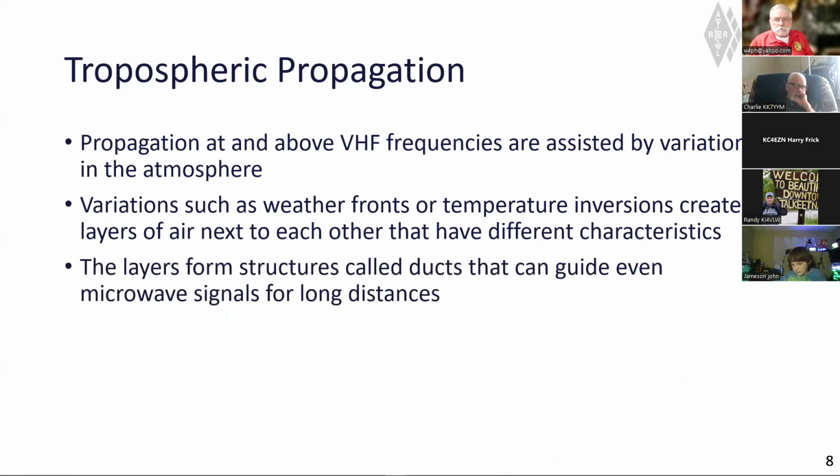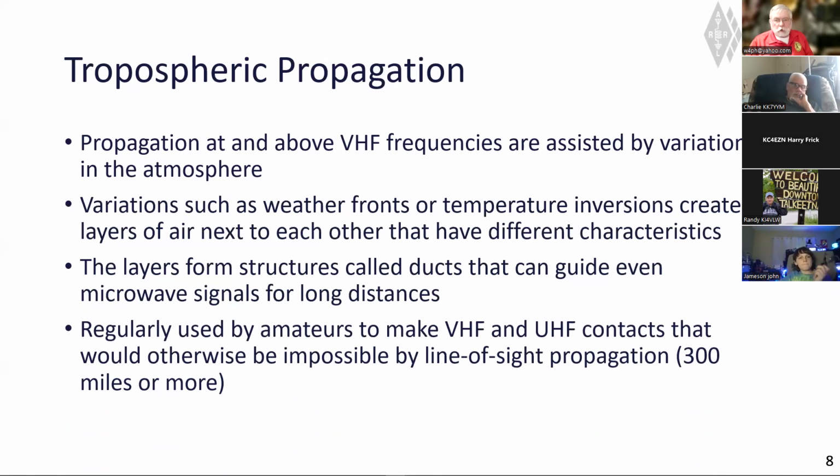The layers form structures called ducts that can guide even microwave signals for long distances. This happens quite often over the ocean. It is regularly used by amateurs to make VHF and UHF contacts that would otherwise be impossible by line of sight propagation, 300 miles or more.